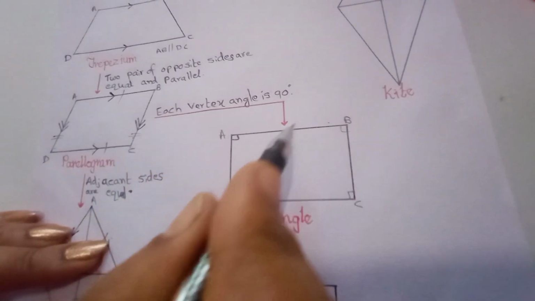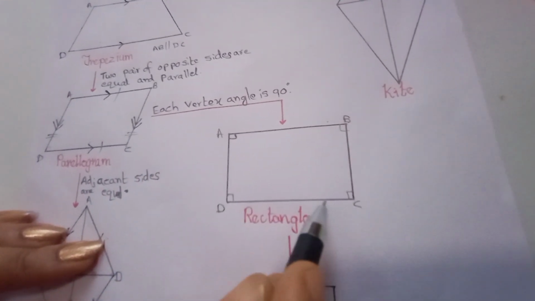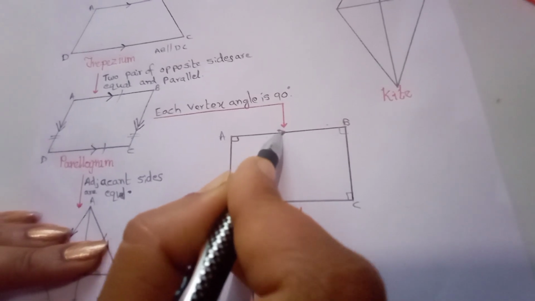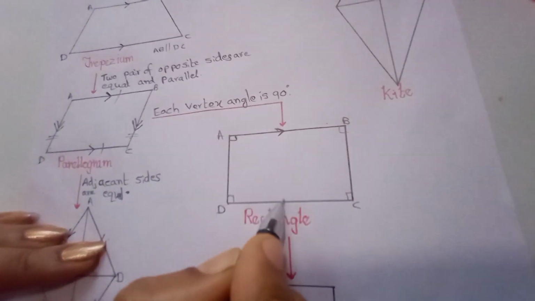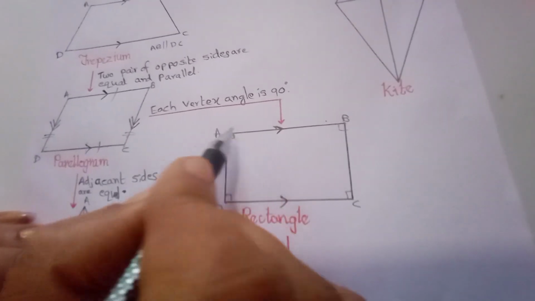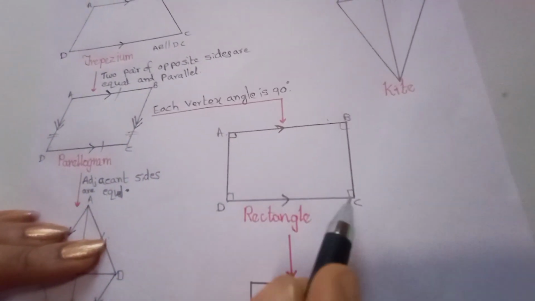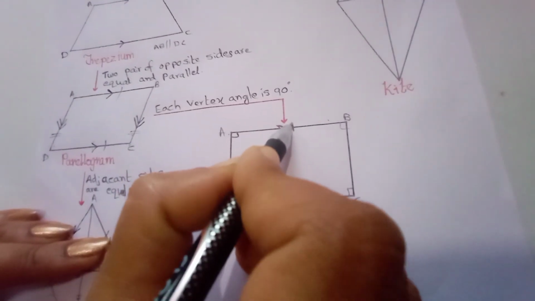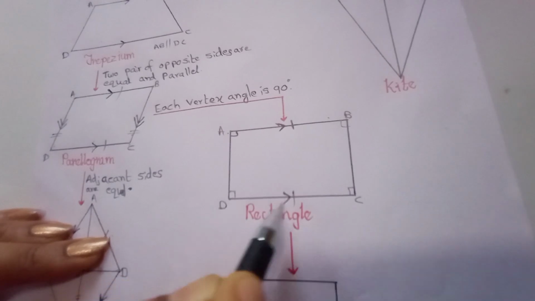Opposite, this side will be equal and parallel to this side. Parallel means we use an arrow like this. AB parallel DC and AB equal to DC.